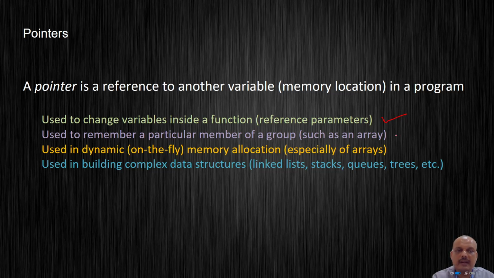It is also very useful in referencing multidimensional arrays. It is mandatory to use a pointer when you want to allocate memory on the fly, which is also called dynamic memory allocation. We look into this concept at a later stage.